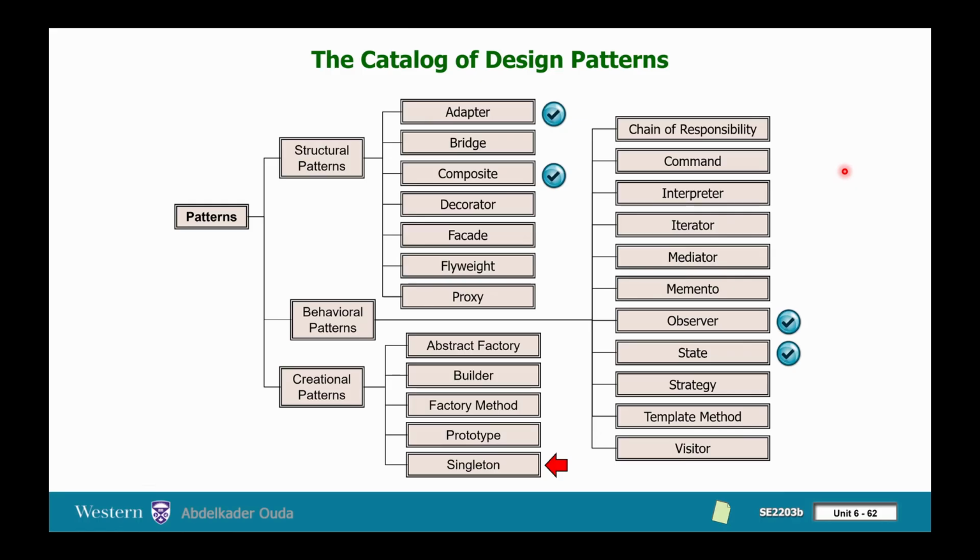So if one object changes state and we need to reflect these changes among the other objects without tight coupling with them, the observer design pattern is the solution.